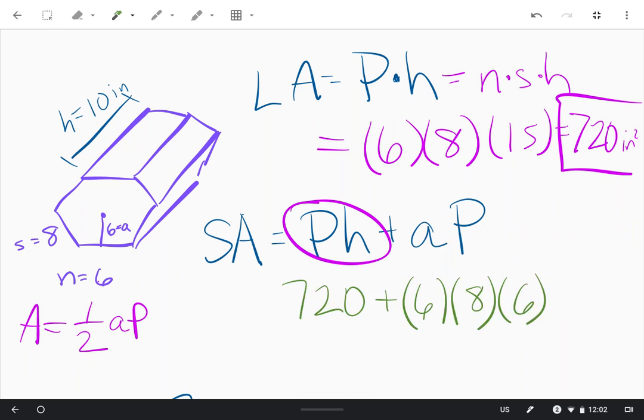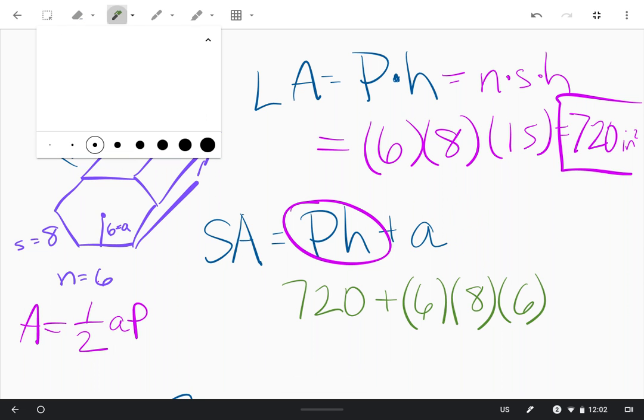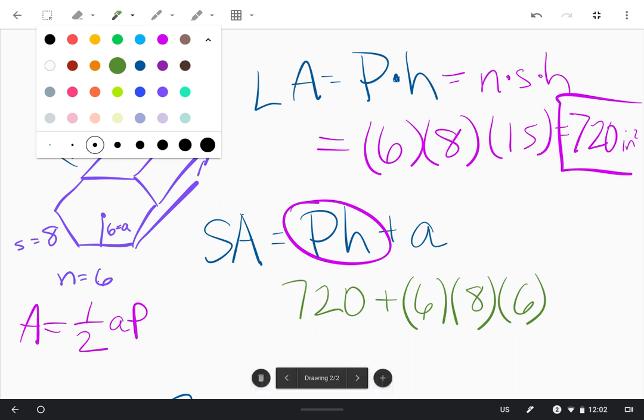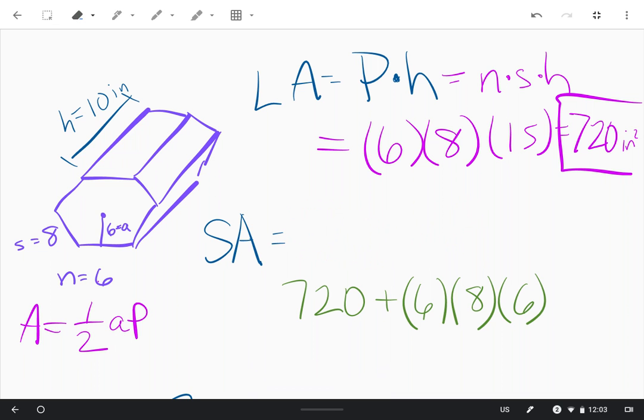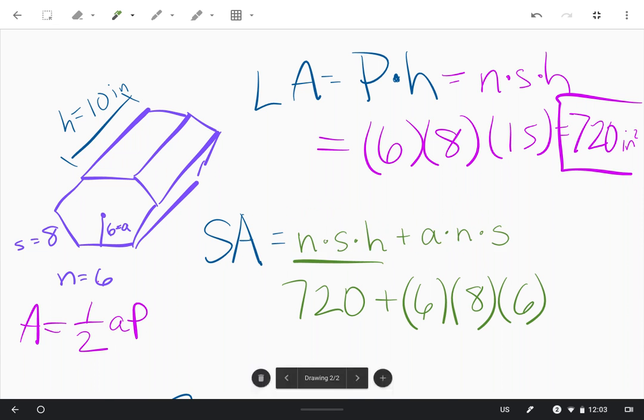So I'm actually going to go ahead and break down this formula even further and say that instead of AP, you can do pH. I'm just going to erase all this and say, you know what you can do? You can do N times S times H plus A times N times S. We already did all this. That gave us 720. 6 times 8 times 6.